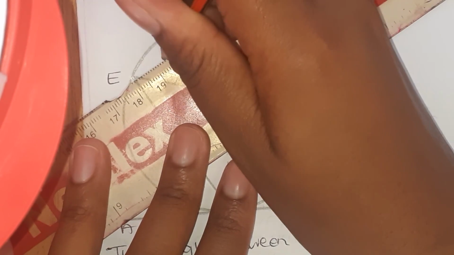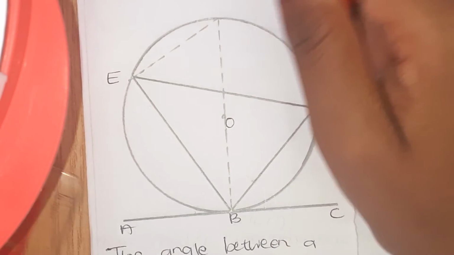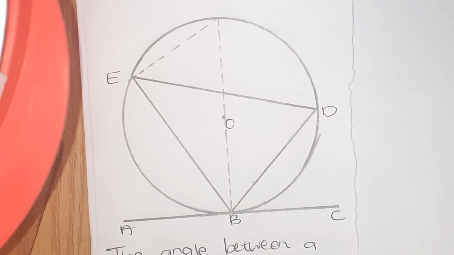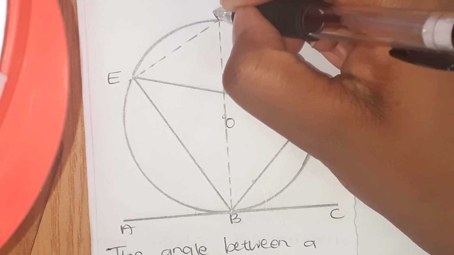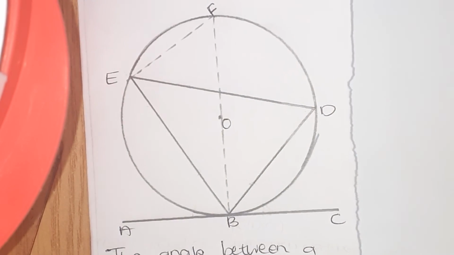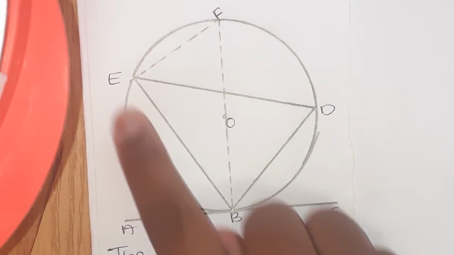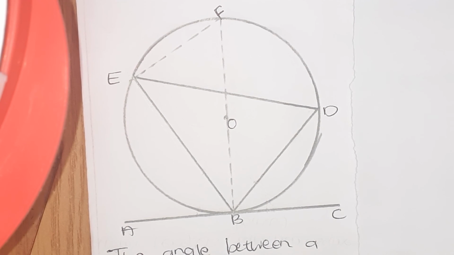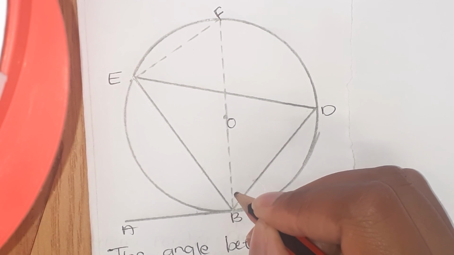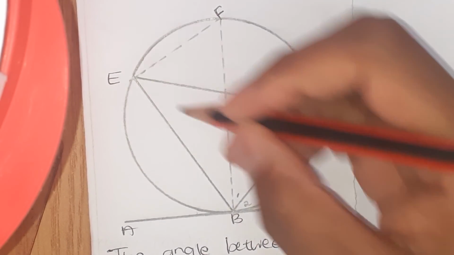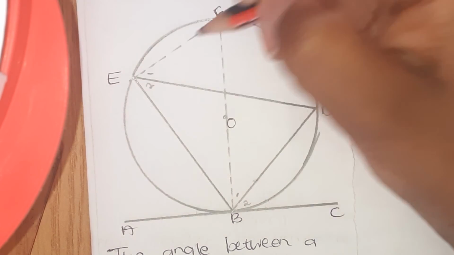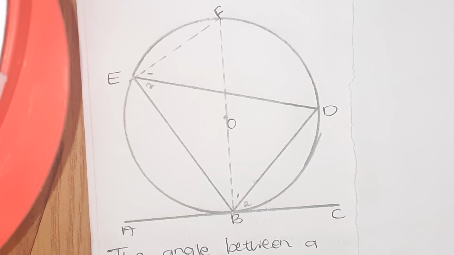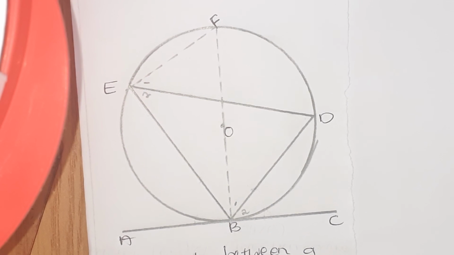You can go this side or that side, and then you can label this, maybe say F. We will label our drawing as F, and then here we're going to have B1, B2, and then here we'll have E1, and also you will have E2, right?